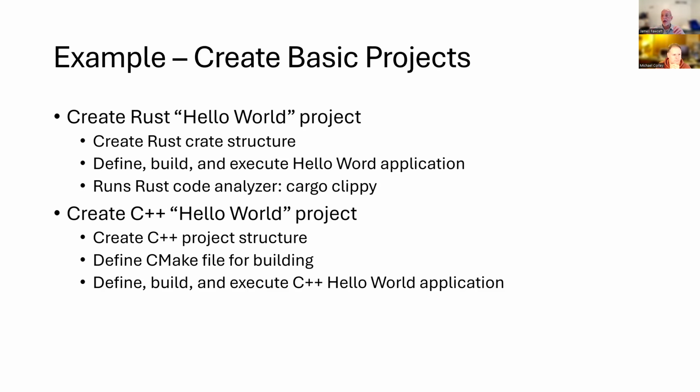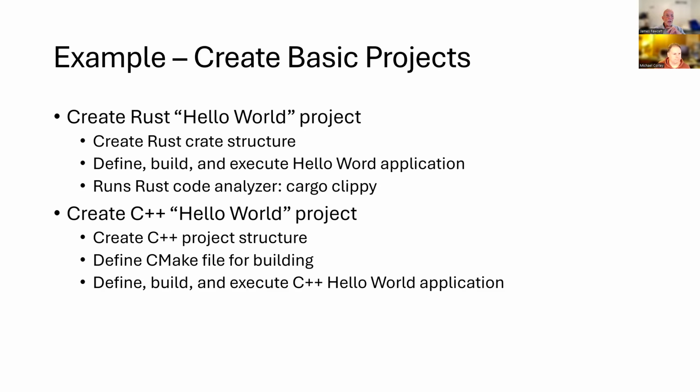So in this case, the Gemini LLM just used Cargo to build the project. It was smart enough not to try to do it itself. It knew enough about the Rust ecosystem to do that.